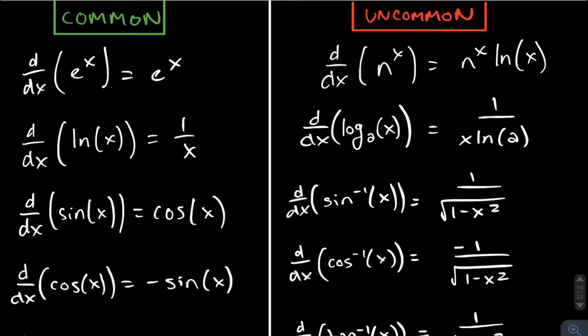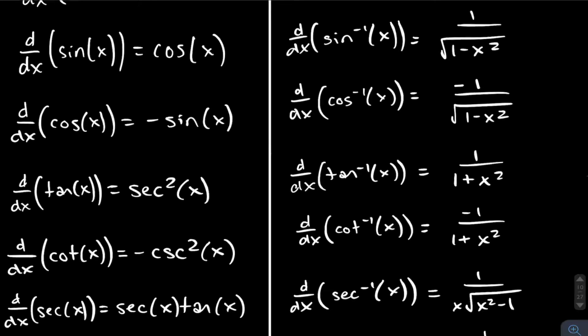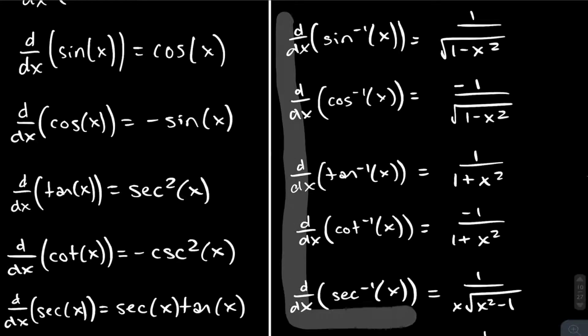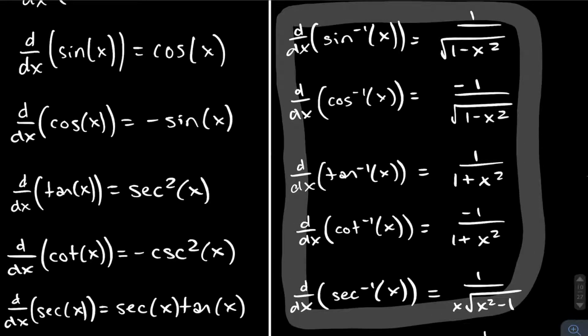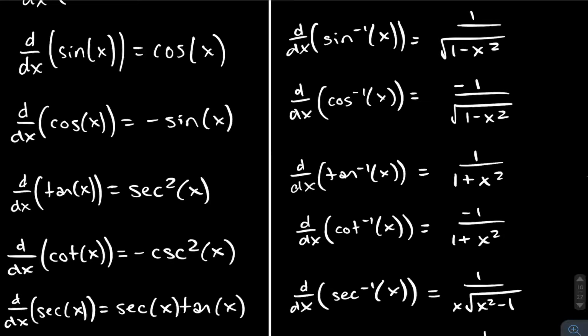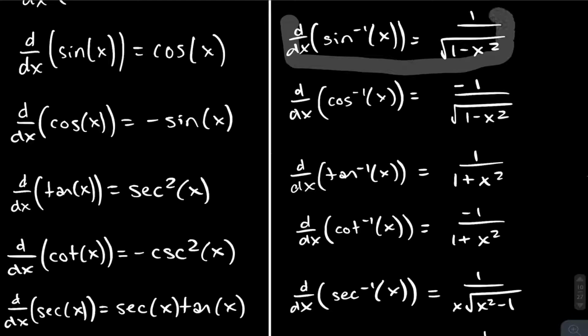Here are some derivatives that you may not have to do in Calc 1, but they are going to show up quite a bit in Calc 2. So if you're reviewing this for Calc 2, these are some good derivatives to know, because now you're expected to know a little bit more. The derivative of inverse sine is 1 over the square root of 1 minus x squared.